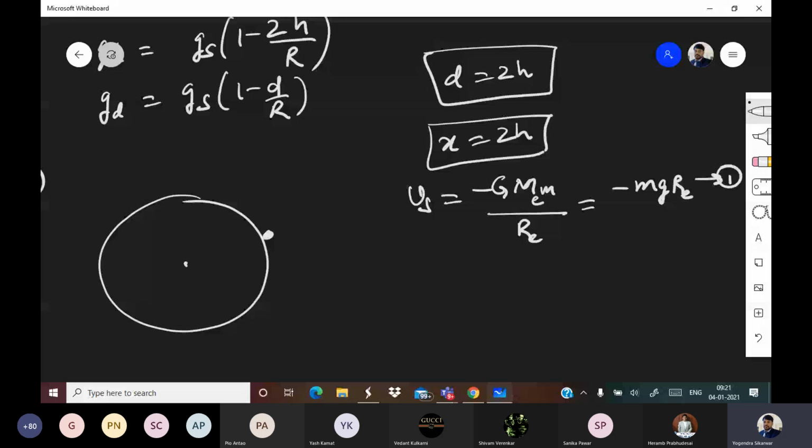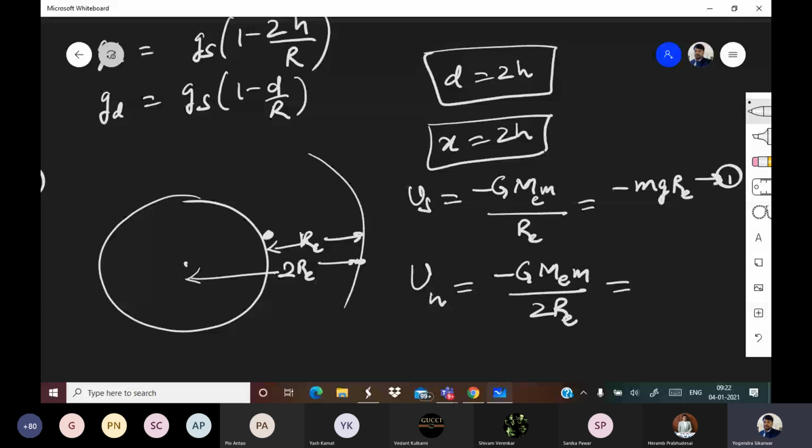Now U at height h, and height is given as Re itself. So that will be minus G Me m upon 2Re, because this time the distance from the Earth's center will be 2Re. Now you can see that will be minus mgRe by 2. So the answer will be minus mgRe by 2. That means fourth answer.